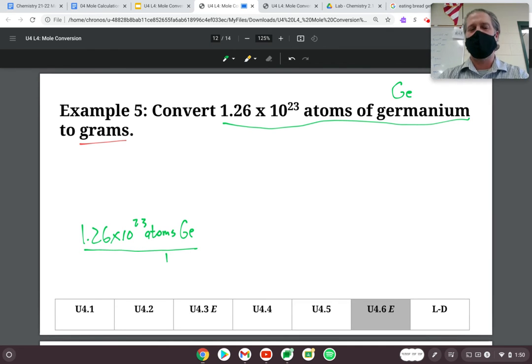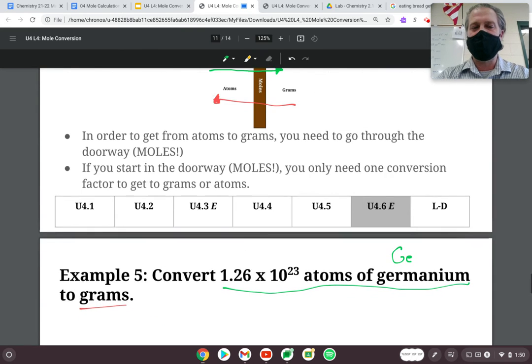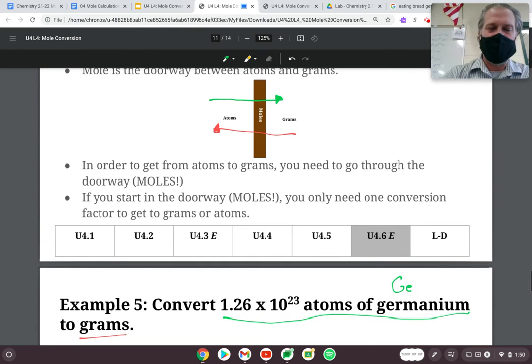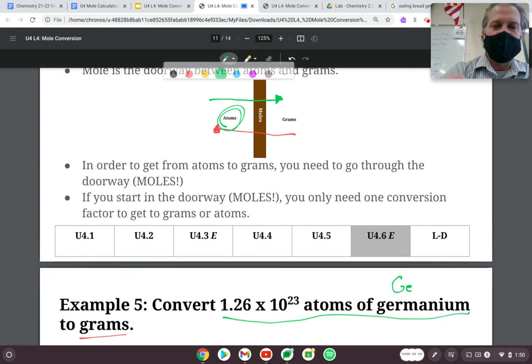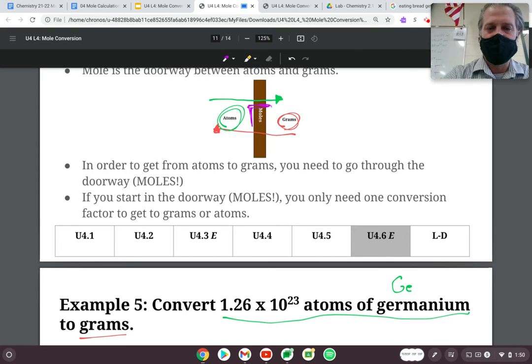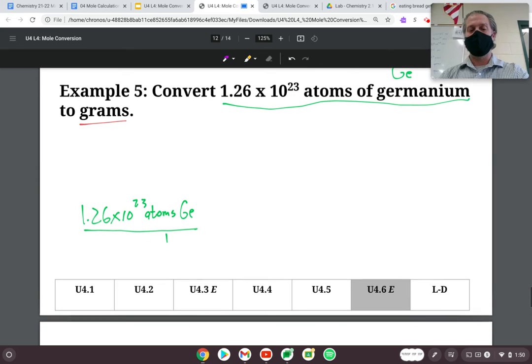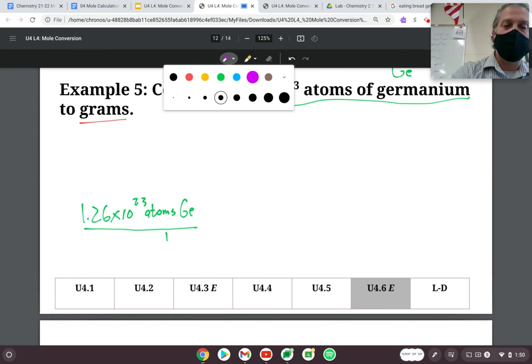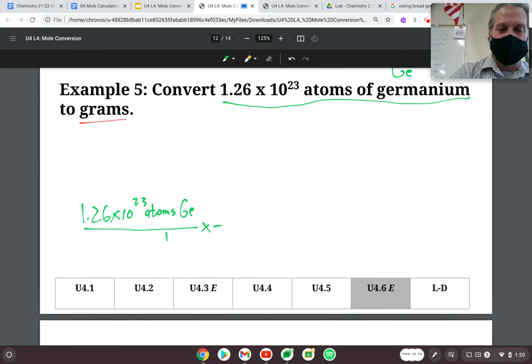I'm starting with atoms here, and the problem wants me to find grams here, which means I have to go through moles here. So what that says to me is that I'm going to go from atoms to moles to grams.